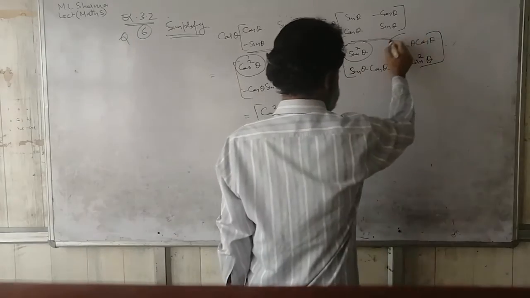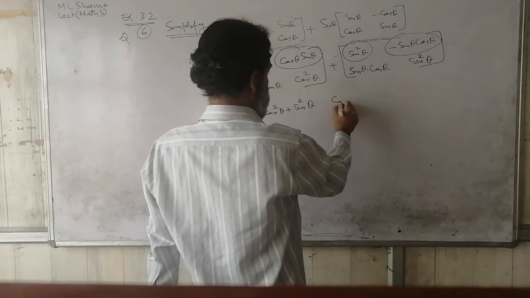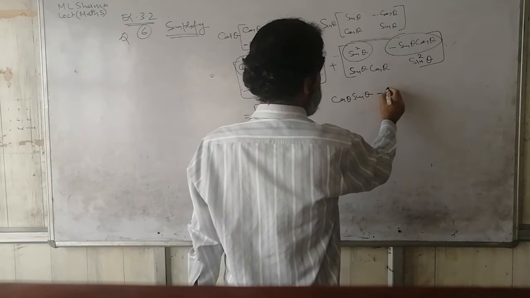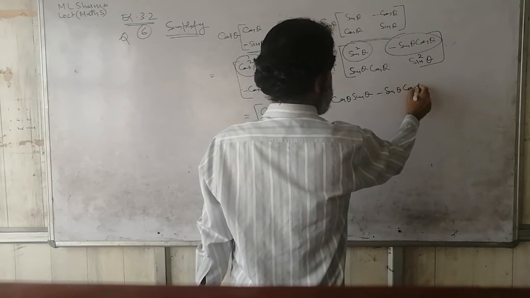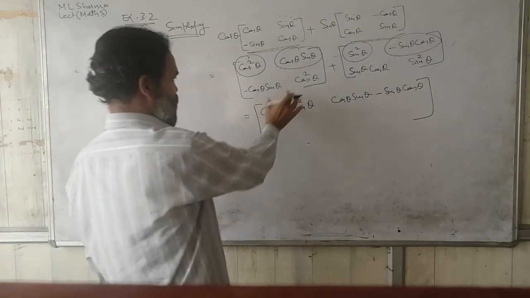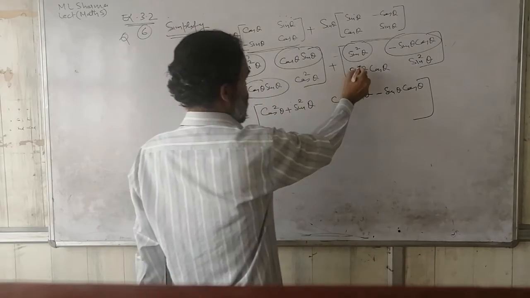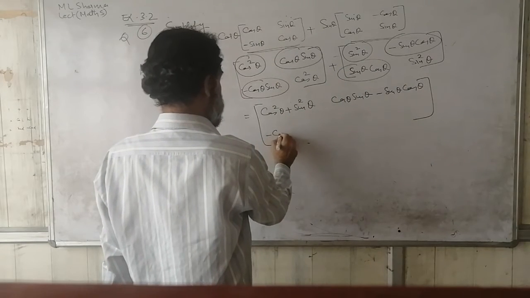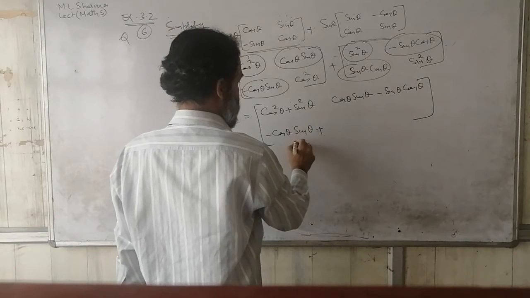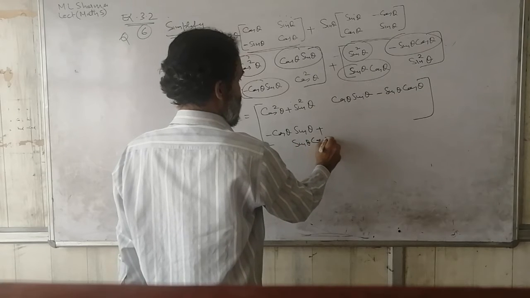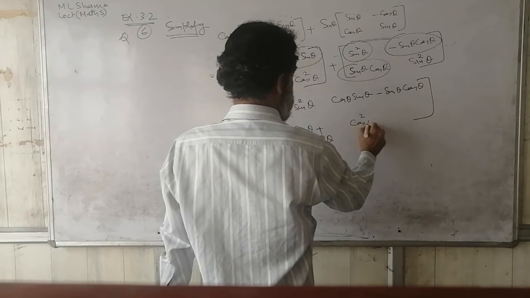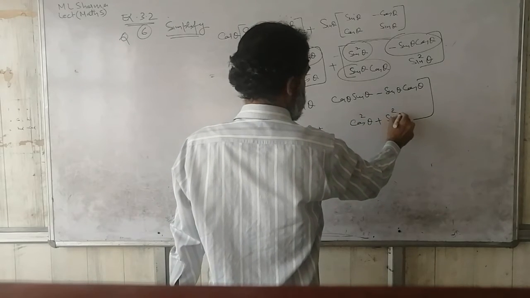This corresponding elements are to be added: cos theta sin theta minus sin theta cos theta. These are the elements in row first, and in row second corresponding elements, they are to be added: minus cos theta sin theta plus this element sin theta cos theta, and lastly this cos square theta plus sin square theta.